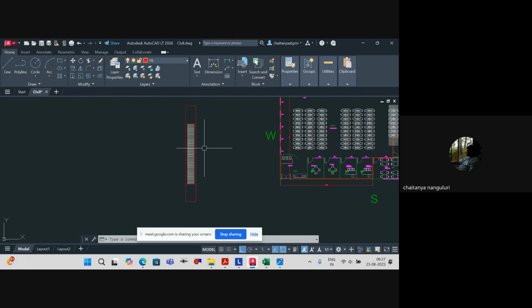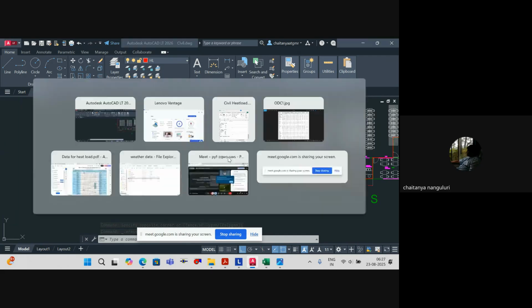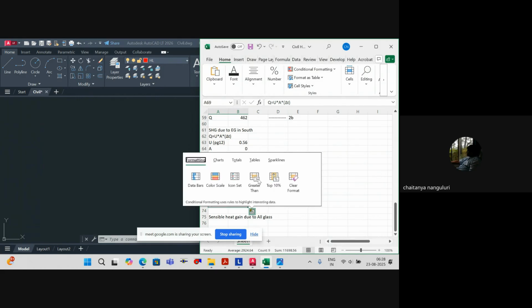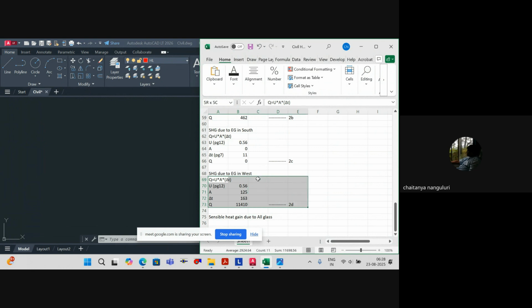Else, you have to calculate the U factor of glass and all. Because we have already considered single pane glass, the value we will consider is 1.13, which is standard for most of the glasses. So sensible heat gain due to this one we can calculate using this value, but we will modify this equation.